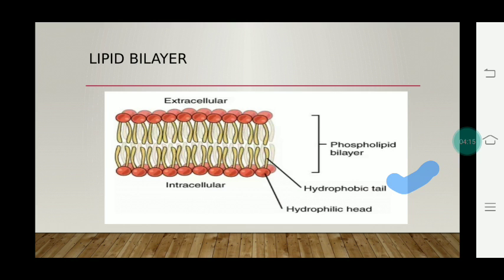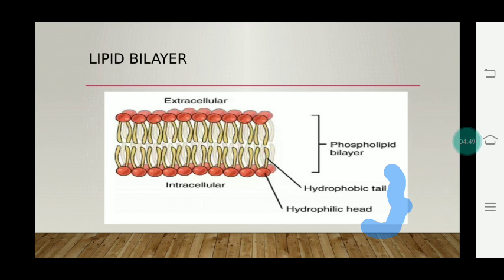The lipid bilayer is the basic structure of the plasma membrane. The bilayer is composed of two leaflets of amphipathic lipid molecules. So what does amphipathic mean? Amphipathic means the structure has both hydrophilic and hydrophobic nature.